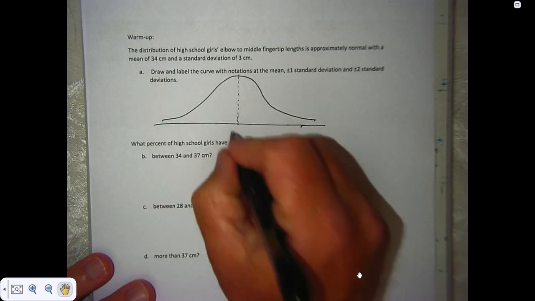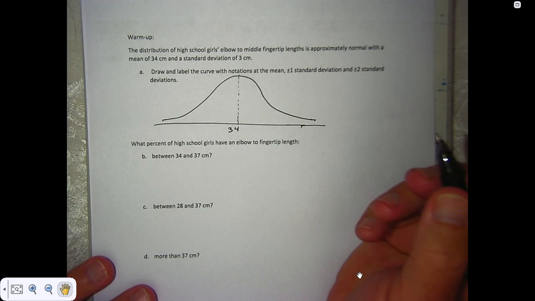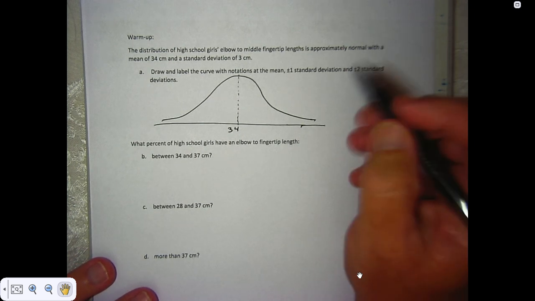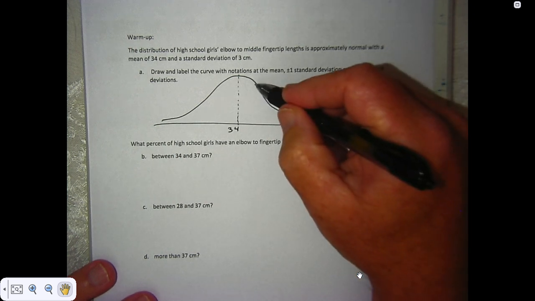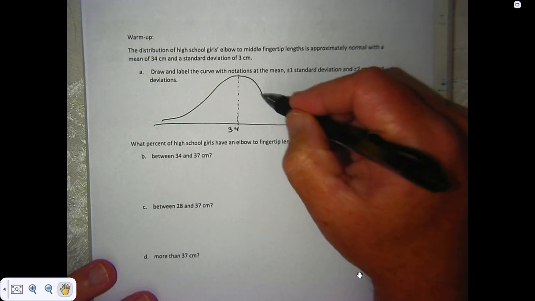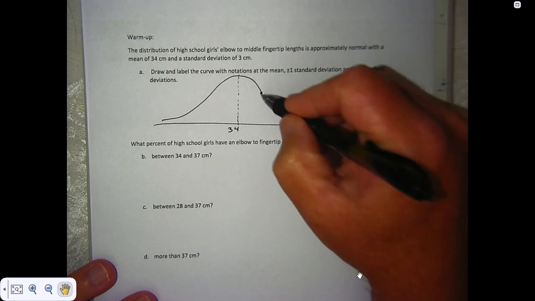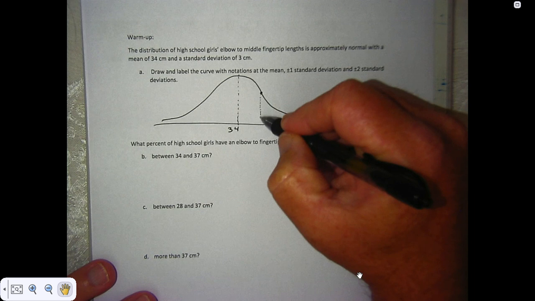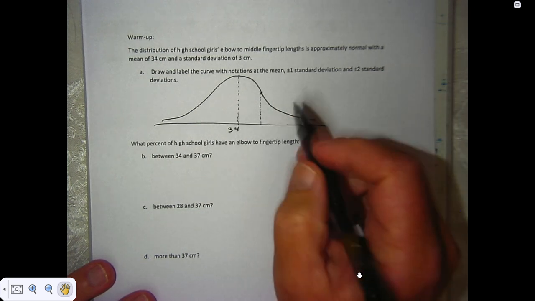So I'm going to put a 34 right here. Something we didn't talk about on the previous video, there's an inflection point where it stops going down and starts coming back up. It's right about there. That's where the first standard deviation is. And so for the curves from now on, go ahead and make that where the first standard deviation is.